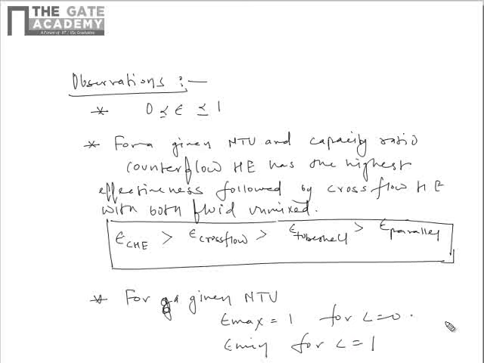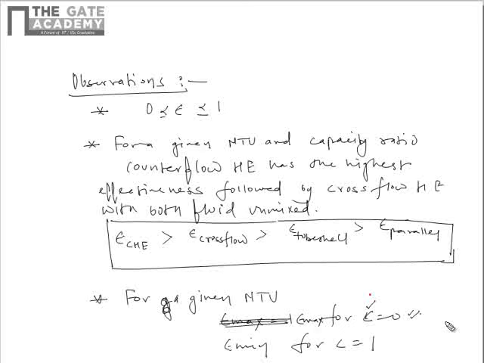Epsilon max will occur if the capacity ratio is tending to 0, right?